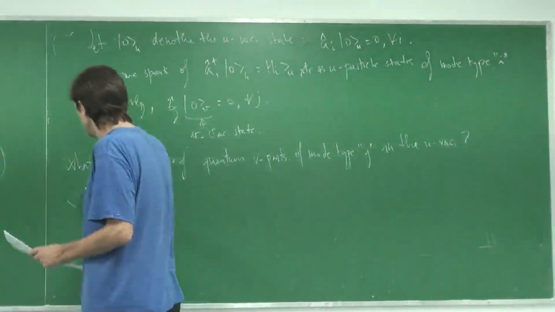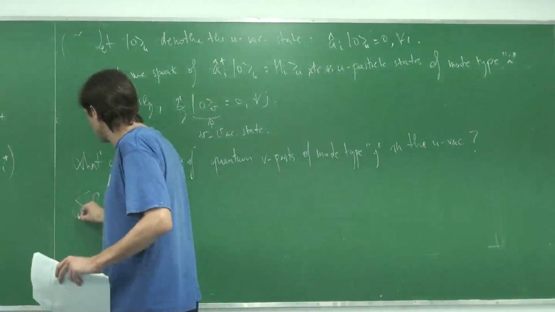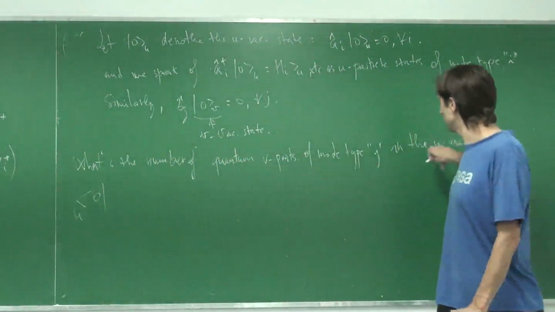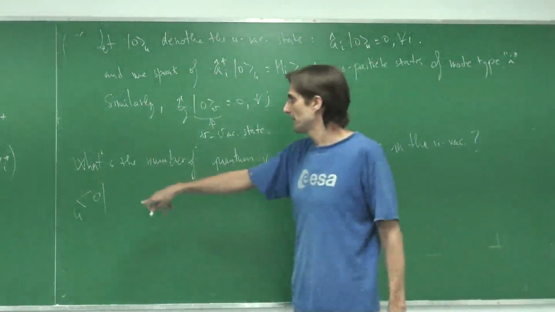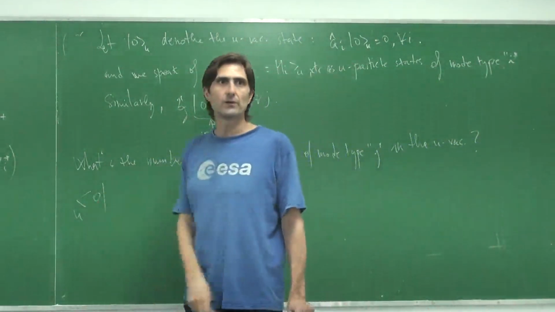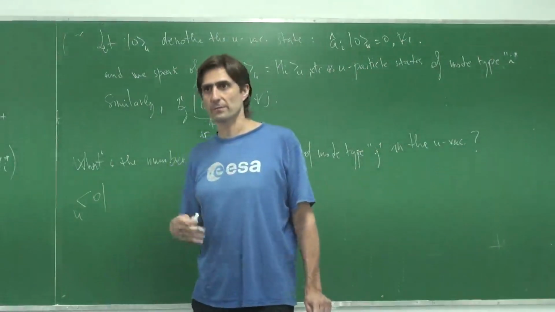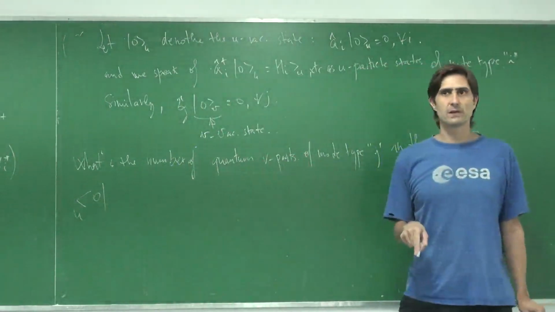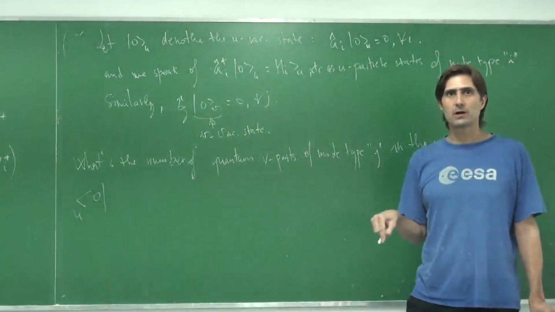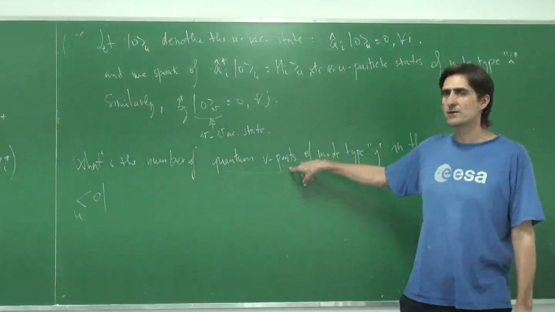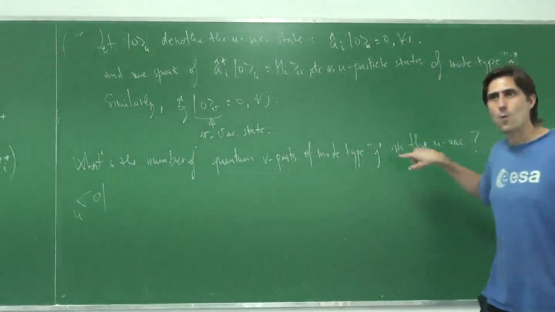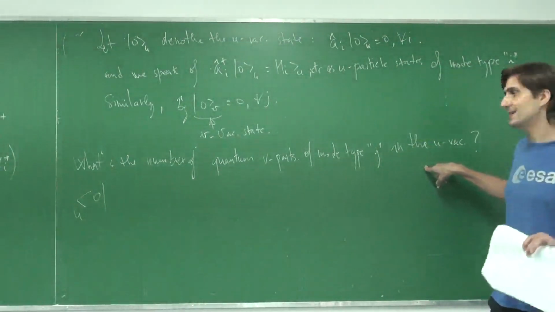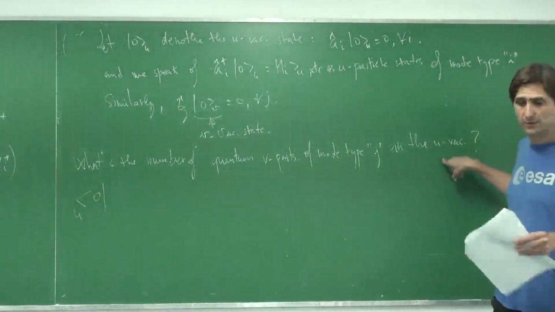So all you do is you take the expectation value in the U vacuum. I'm asking what's the content in the U vacuum. So I'm taking the expectation value of the number operator in the U vacuum. But the number operator I'm asking about is for V particles, so I want the number operator in relation to the V vacuum state. Calculate that expectation value when the field is in the U vacuum state.